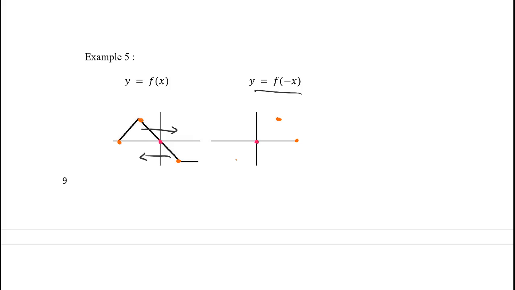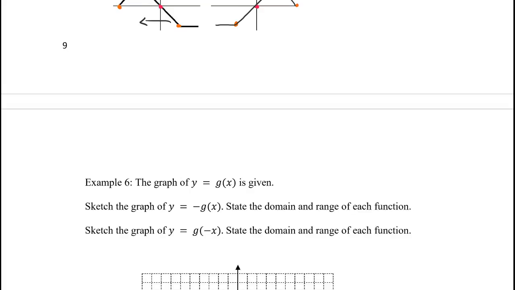So roughly here-ish for my critical point. And again, I'm just going to connect those points. And so you can see how invariant points and critical points can be really helpful in recreating that shape, because once you've plotted specific points, we can just try and mimic how they're connected. And in this case, it's just straight lines, so that makes life pretty easy.